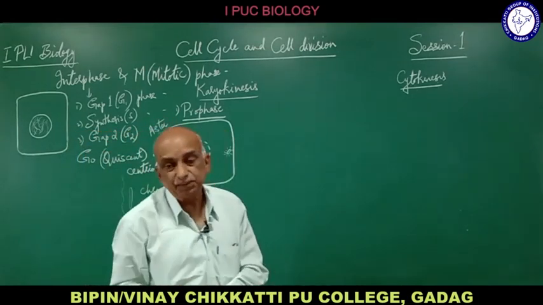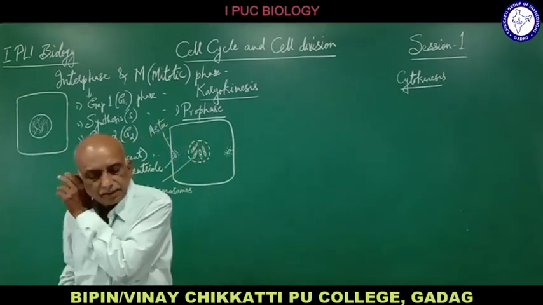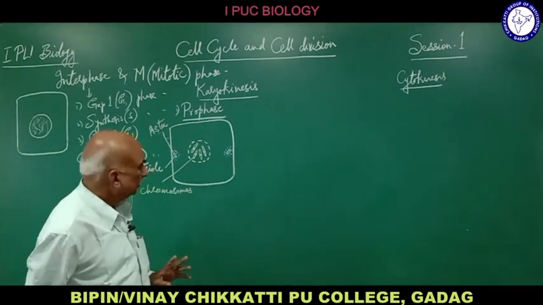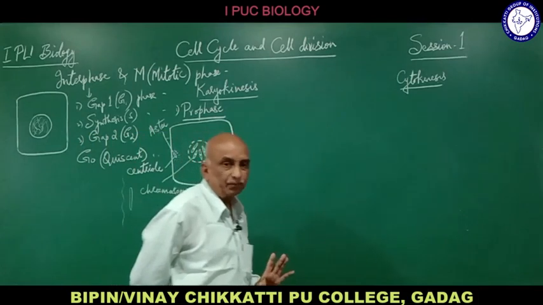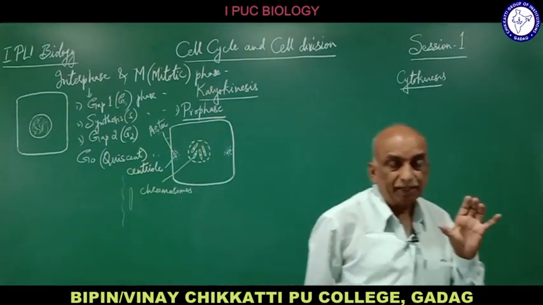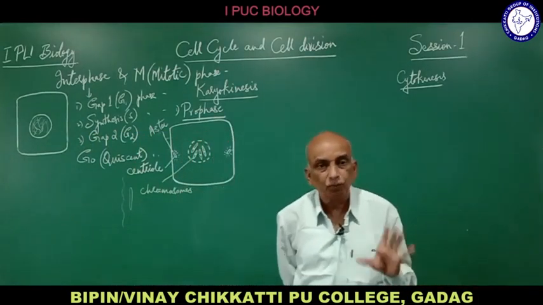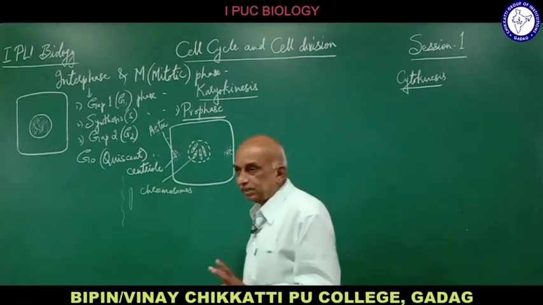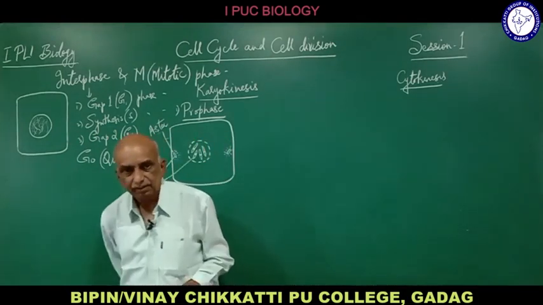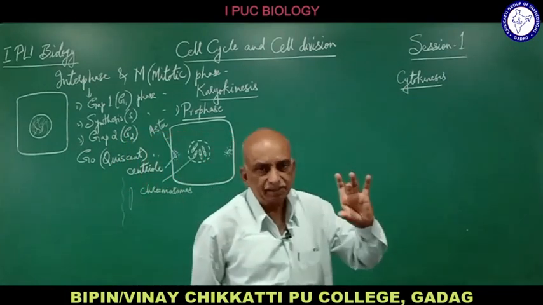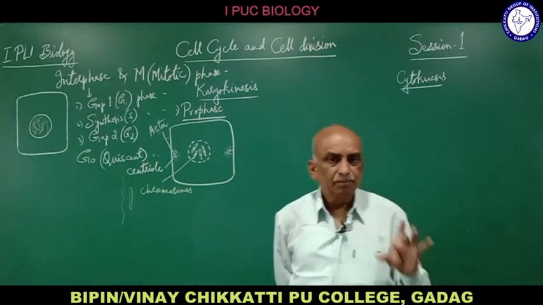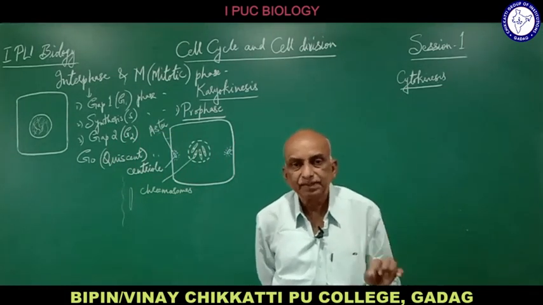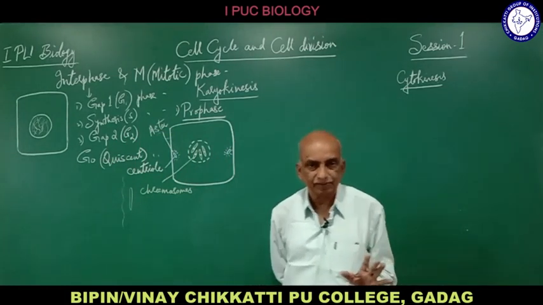These are the events which take place in the prophase. We can mention 3 main events. The chromatin condenses to form chromosomes, but the condensation is not complete. There is maximum condensation, but it is still going on, yet we can see the chromosomes in the prophase.